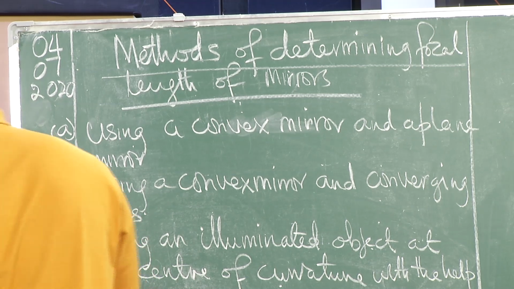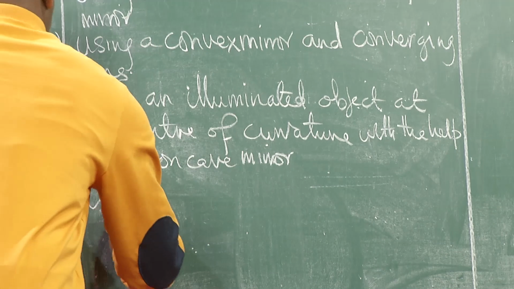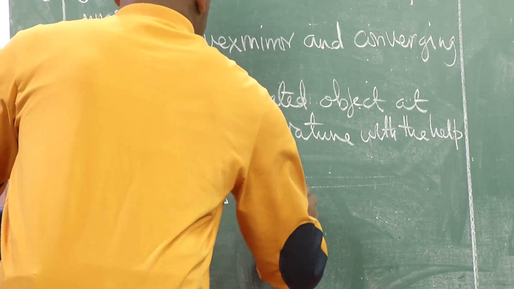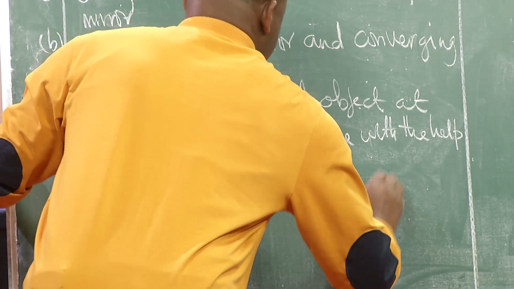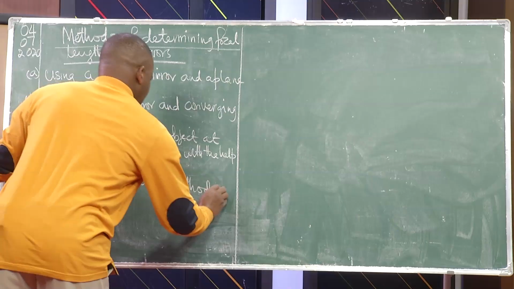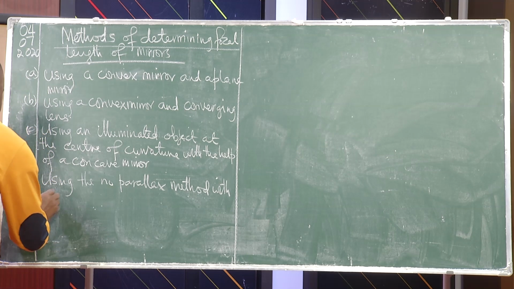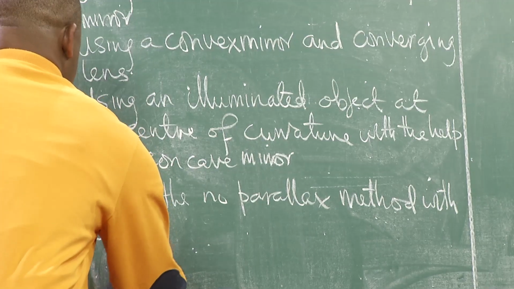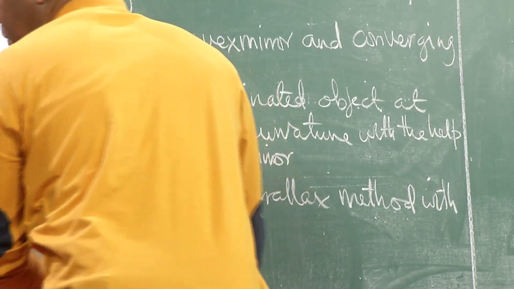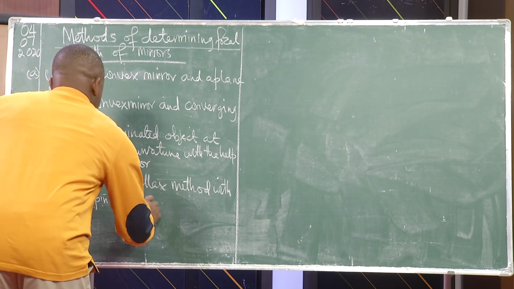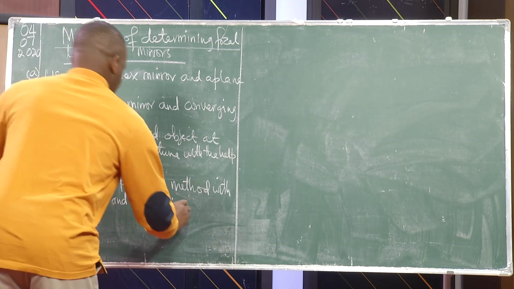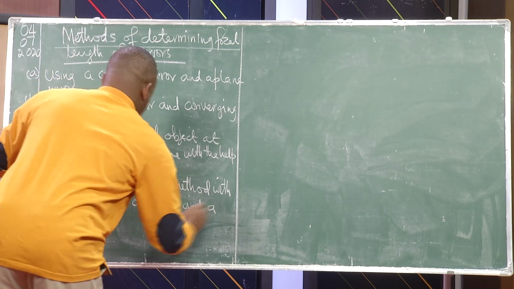And the other method is using the no parallax method with a search pin and a search object, and a concave mirror also.